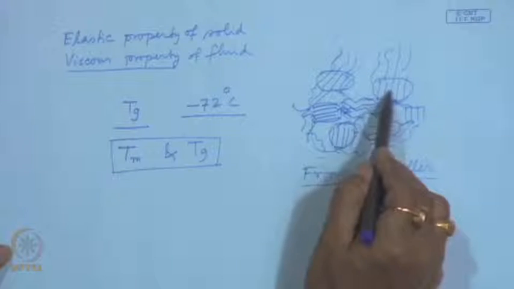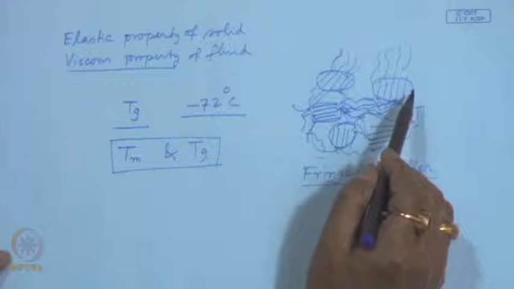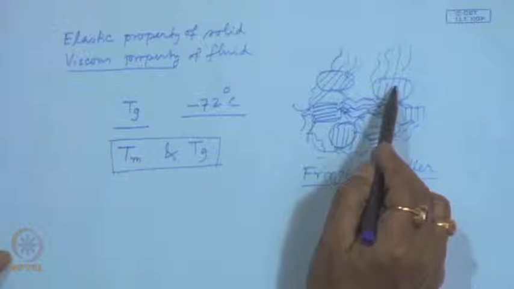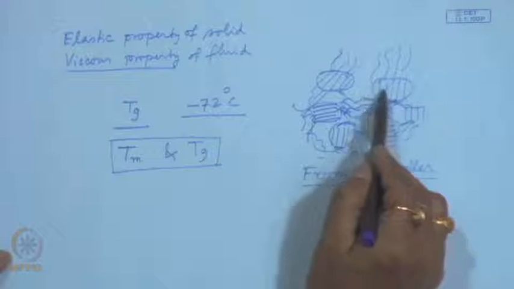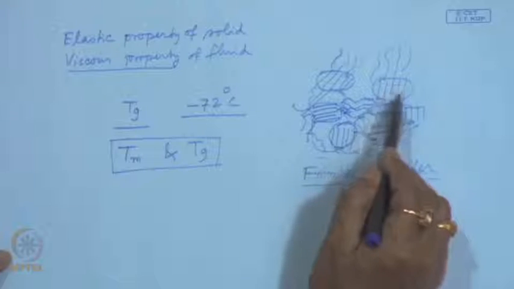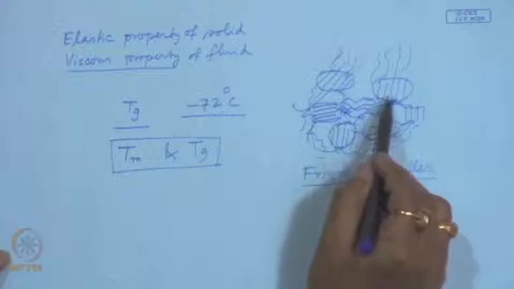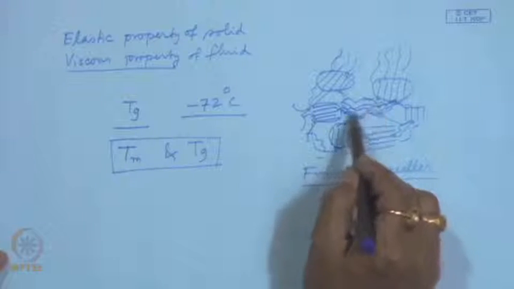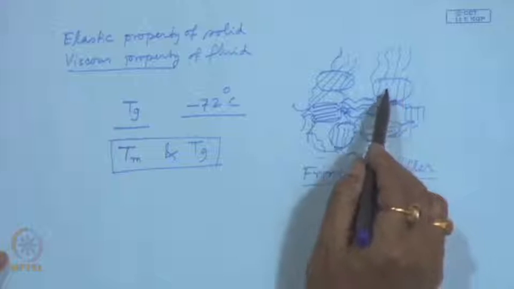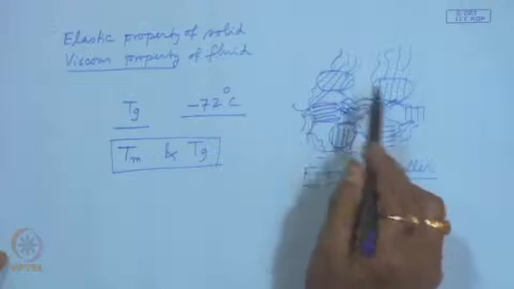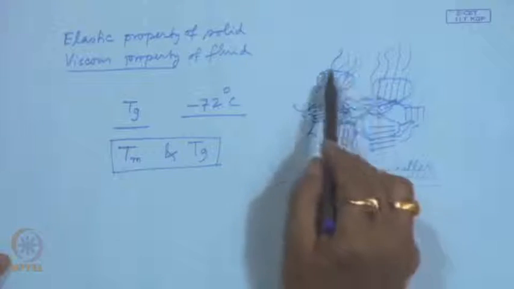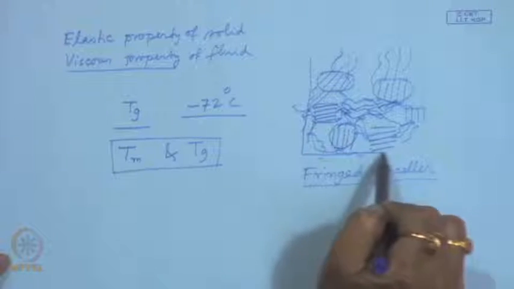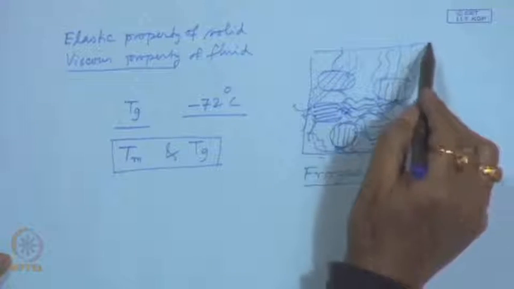Here, these crystalline domains, that means certain segments of the polymer chain, form long range order, and are connected through amorphous regions. So, the crystallite regions dispersed in the amorphous region constitute, as a whole, the viscoelastic material.